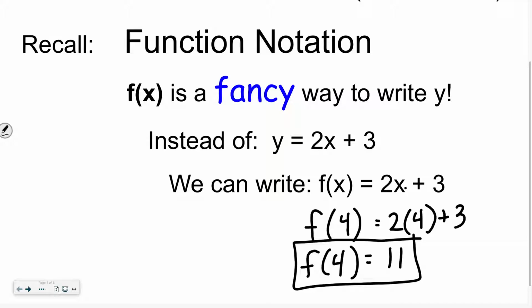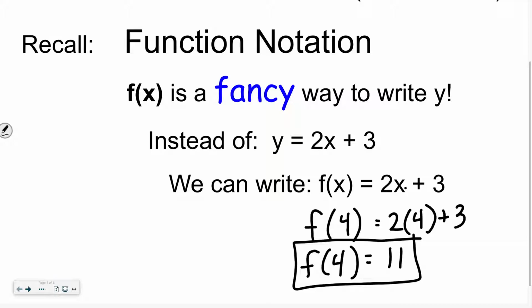And the reason why mathematicians have this function notation is, what's really nice about it is, if I had used this other version, y equals, I would have to tell you to evaluate it when x equals 4. And then you would just say y equals 11. But if I gave you a different one, x equals 0, you would say y equals 3. But they all look like y's.